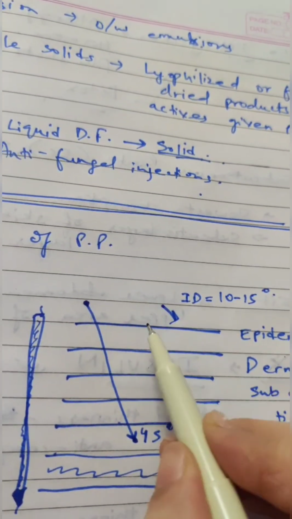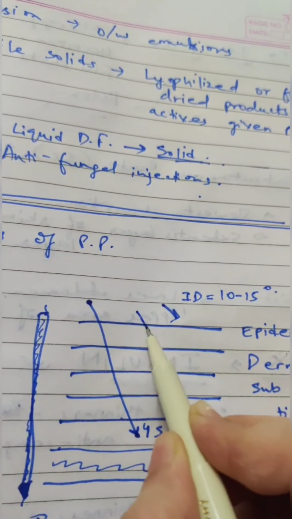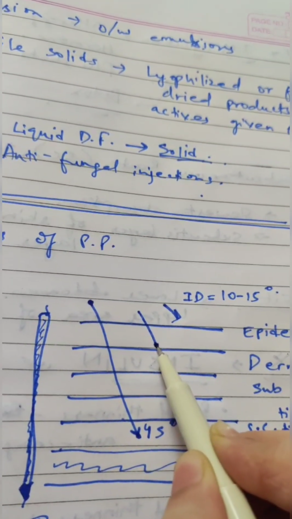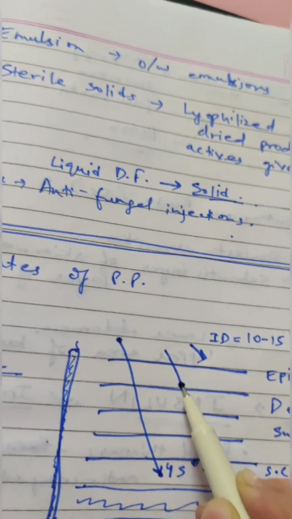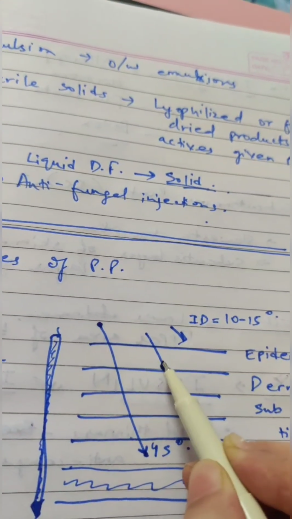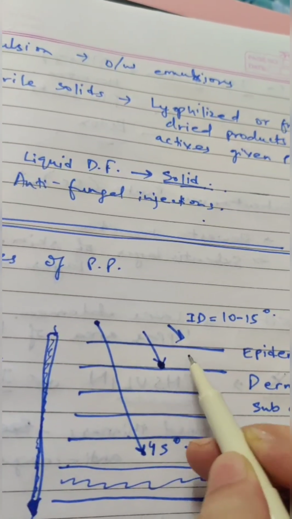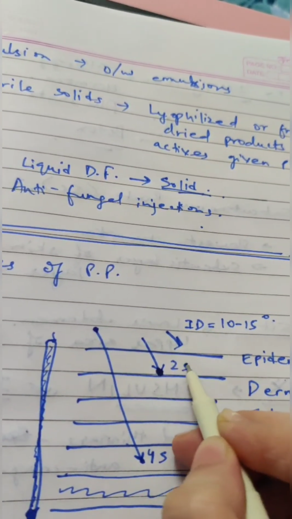And if it's intravenous, okay, intravenous is somewhere here in the dermis, in the dermis here. So it is given at an angle of around 25 degree.